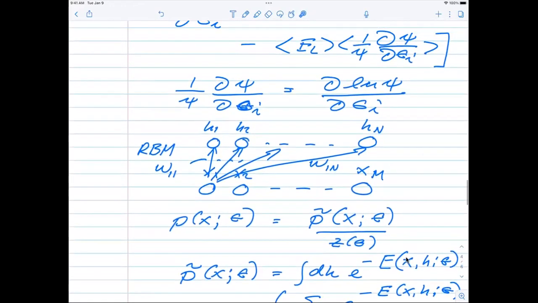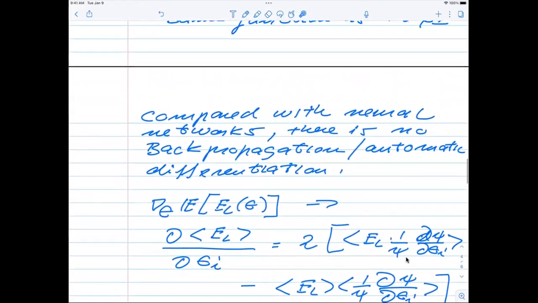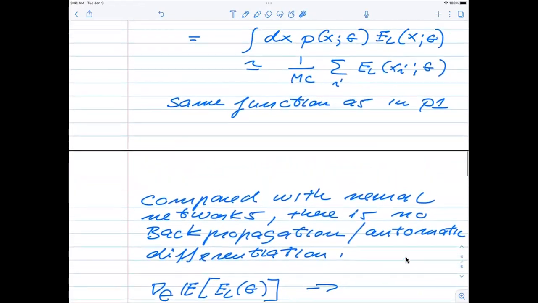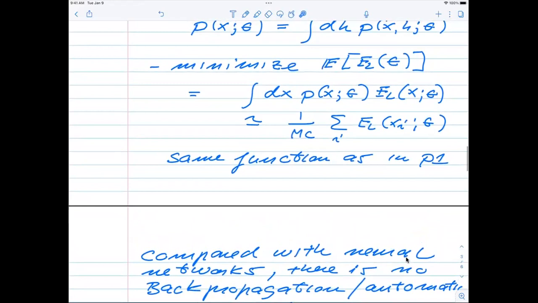And I want you to keep in mind, before we take a small break now, the difference in philosophy between the standard generative deep learning approach, where you use, for instance, a Boltzmann distribution to set up a probability, and where you optimize the probability or the log of the probability.